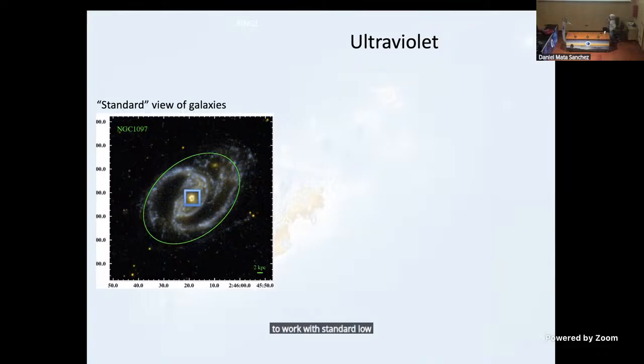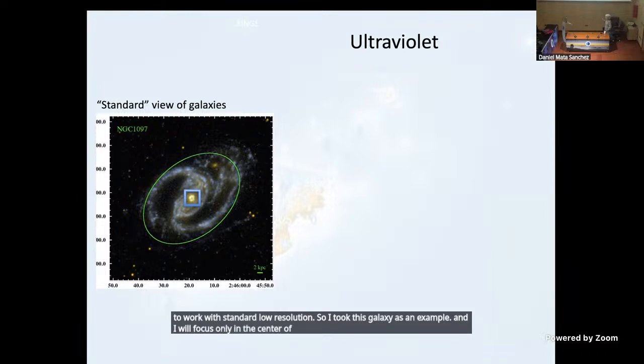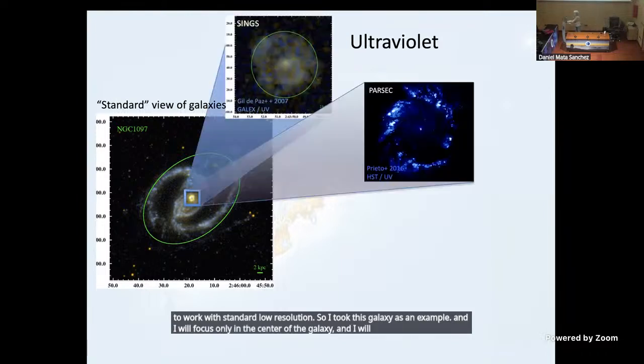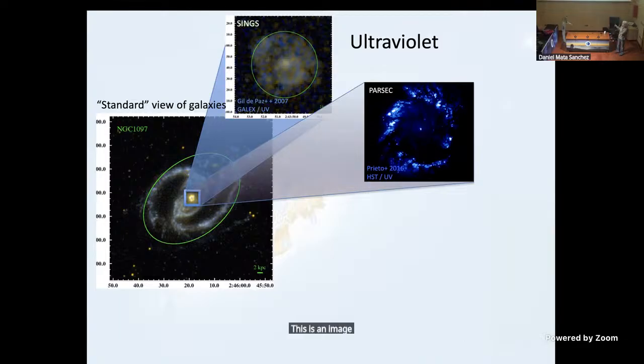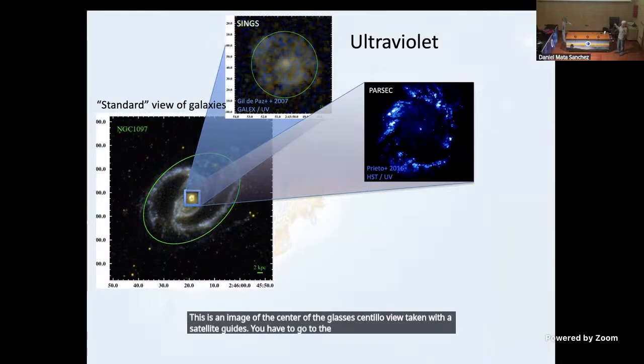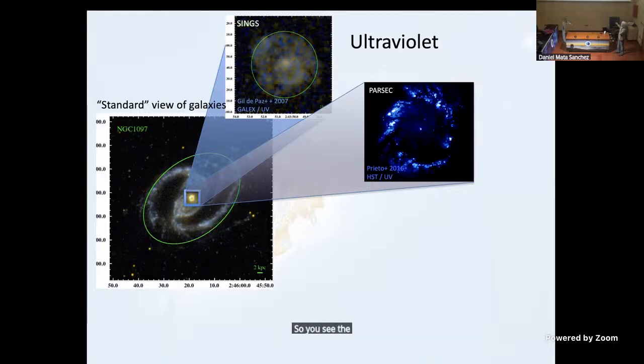I took this galaxy as an example, and I will focus only on the center of the galaxy. I will show you the difference in how the center looks. This is an image of the center of the galaxy, same field of view, taken with the satellite; you have to go to space to get ultraviolet. You see the nucleus of the galaxy and a kind of nebulosity, maybe some blobs.